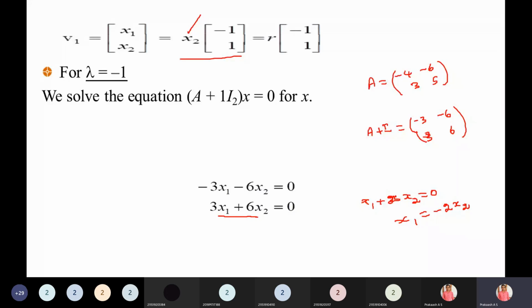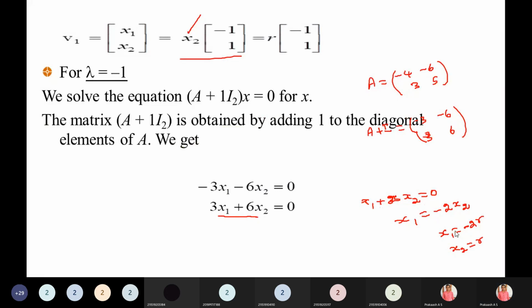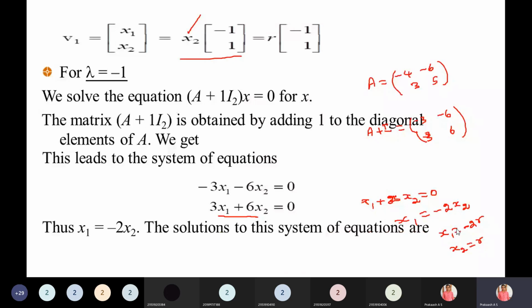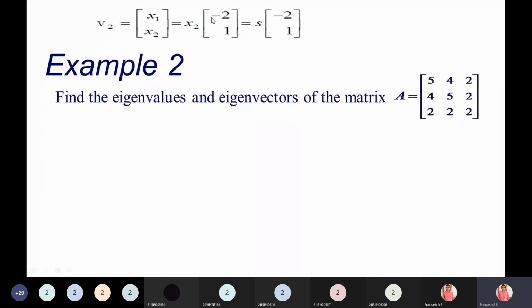You have to assume one value, so x2 equal to r, you can take. So from that, x1 equal to minus 2r and x2 equal to r. Another parameter also you can take, no problem. Yes, he has taken. Okay, the same, similar one.